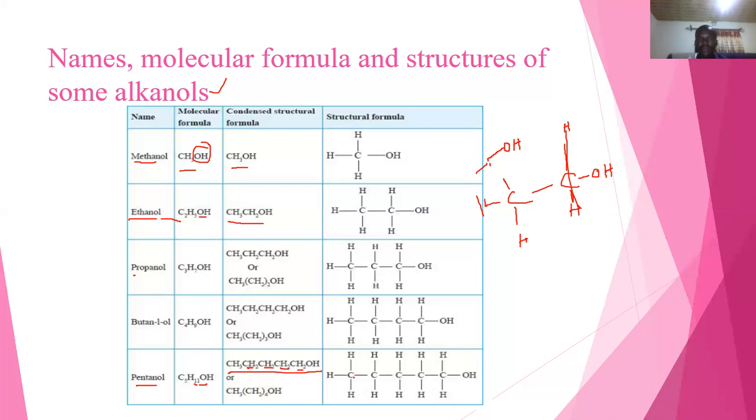For the skeletal formula, we have 1, 2, 3 skeleton. Sorry, let me draw it well: 1, 2, 3, 4, 5. It should be 5.